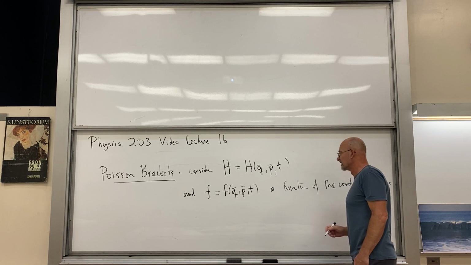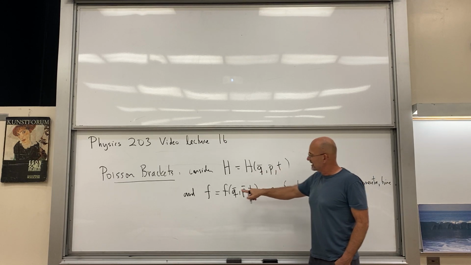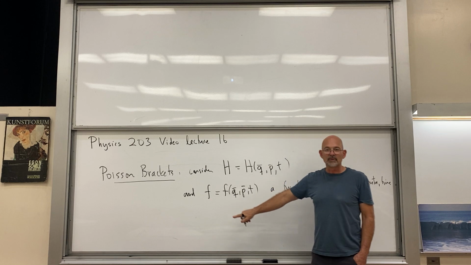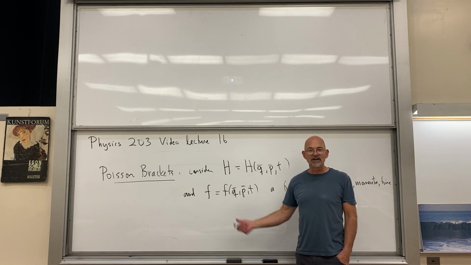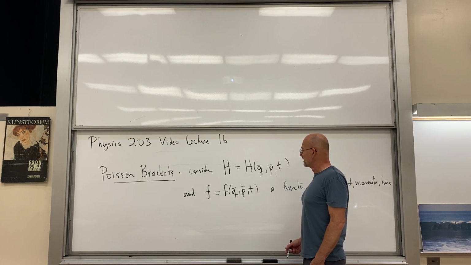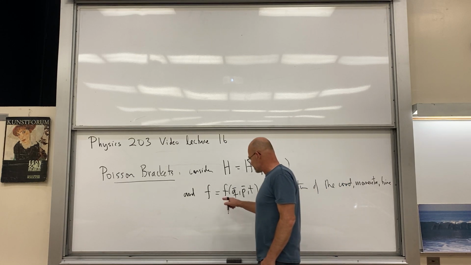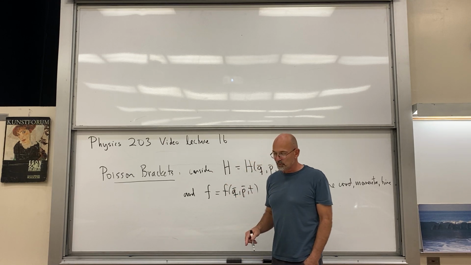Okay. So the Hamiltonian, of course, is a function of the coordinates, momenta, and time. But this function f could be any number of things. It could be angular momentum, linear momentum, that type of thing. Okay. So what we now do is form a certain set of derivatives.